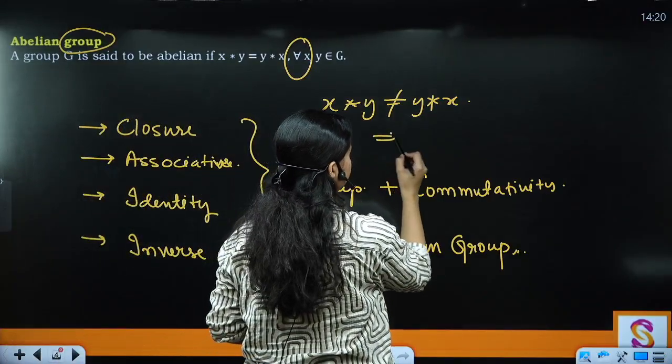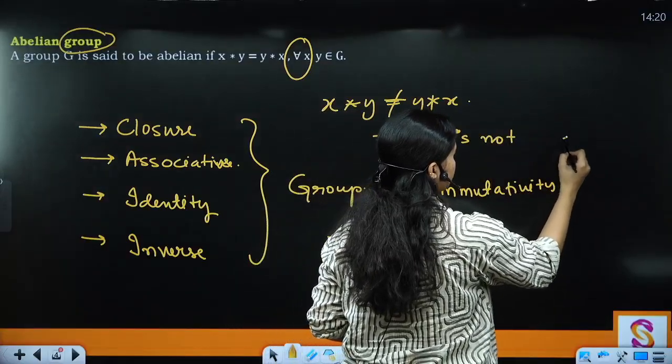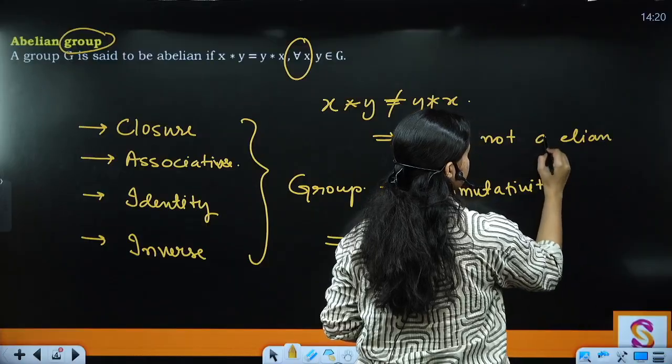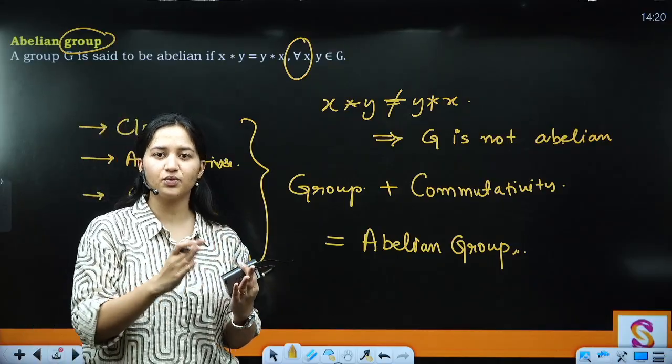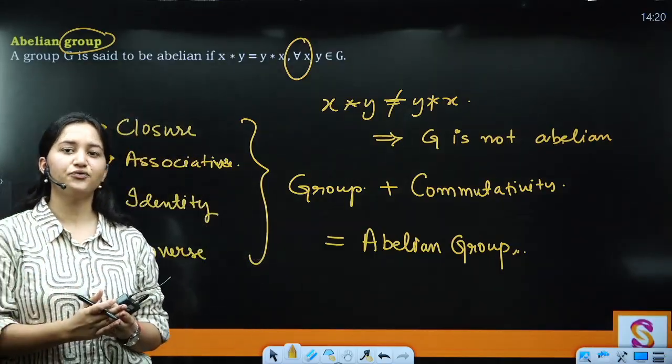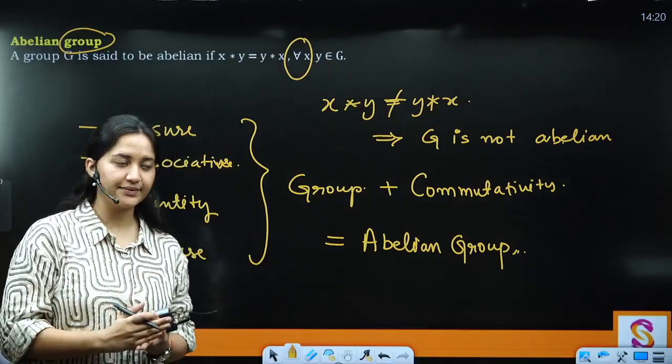Otherwise it is abelian. So the property x operation y, or if you want to say x dot y, is equal to y dot x, has to hold for all the elements of the group, right?